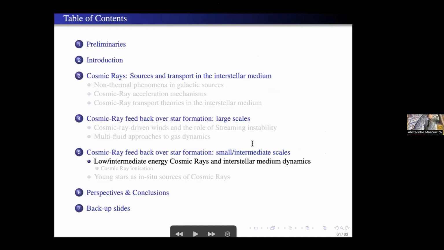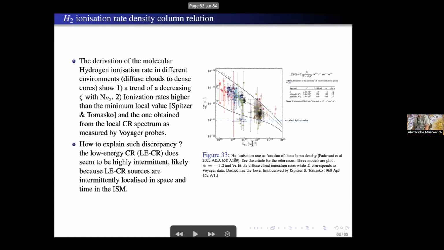So I told you about large scale. Now I'm moving to small or intermediate scales, and then coming to the question about ionization. There is this trend: this is the ionization rate of the H2 molecule per second as a function of column density.